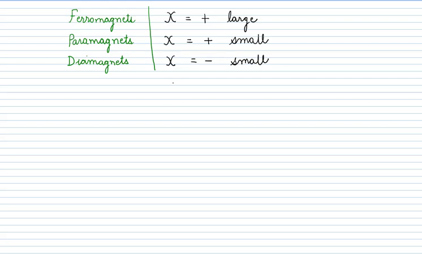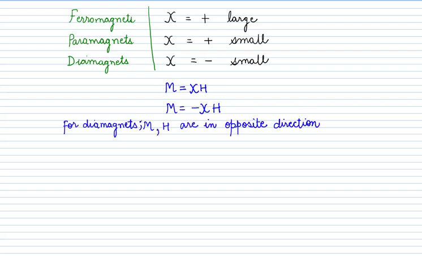So we have just derived the relation between the magnetization and the magnetic field intensity. If you write it down for diamagnets, then this will have a negative value, so M is equal to minus xi H. That means for diamagnets, M and H, magnetization and magnetic field intensity, are in opposite directions. Then for paramagnets and ferromagnets, they will be in the same direction.